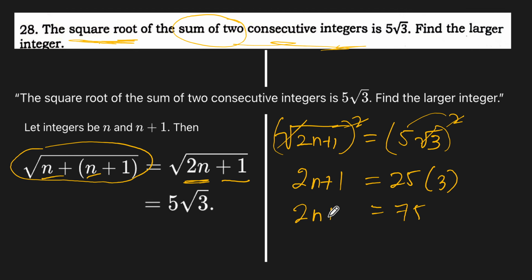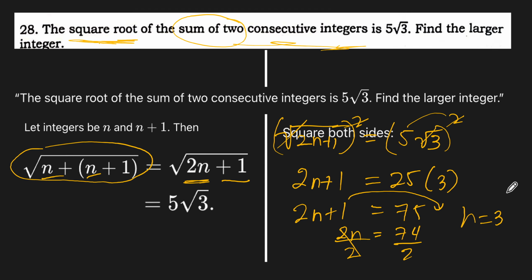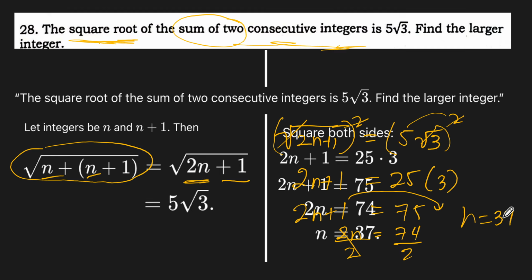And then 2n plus 1 equals 75. We transpose 1 to the other side, so we have 2n equals 74. Dividing both sides by 2 will give us n equals 37. Okay, that is our n, however, that is the first integer.